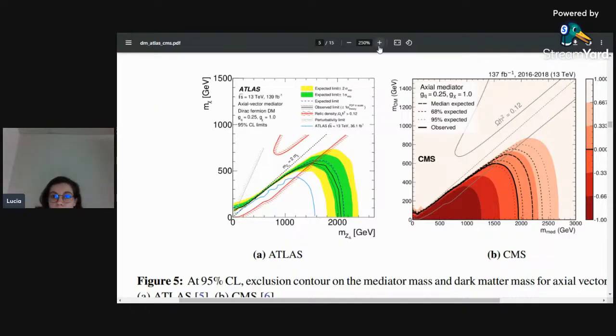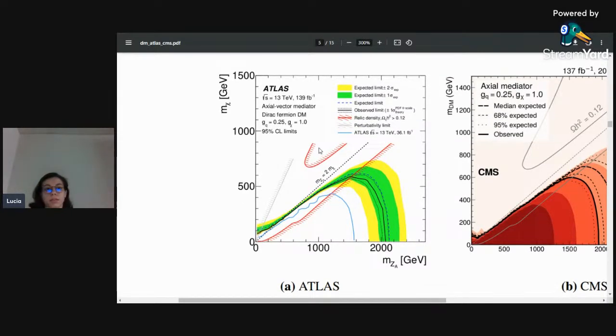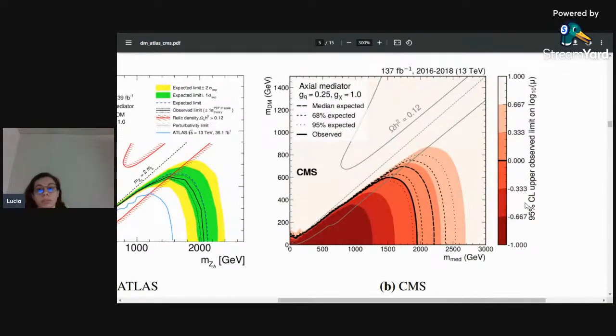So let me zoom in a little bit more. In this case, we are considering that this mediator Z has a mass that is a ratio depending on the dark matter mass. So it's 2 times the dark matter mass. And this band inside these two lines is the possible relations that we can have between the two masses that respect the correct relic abundance.